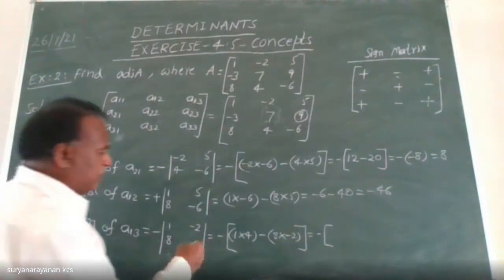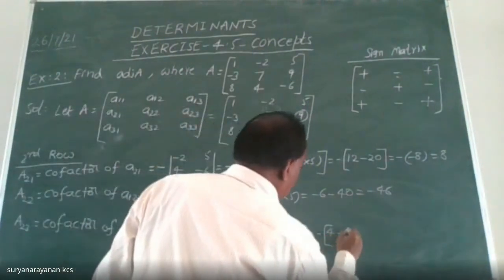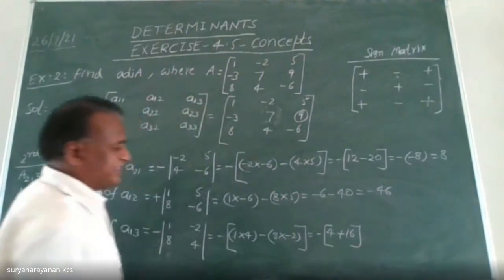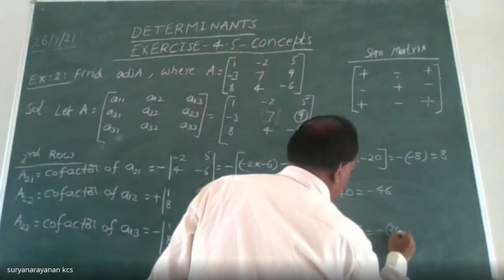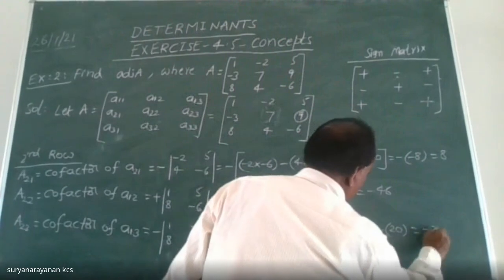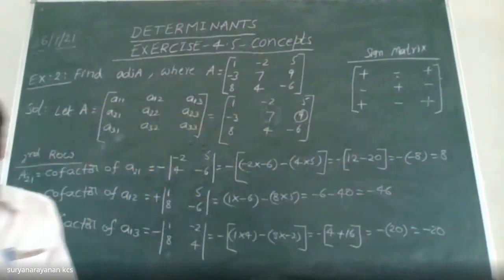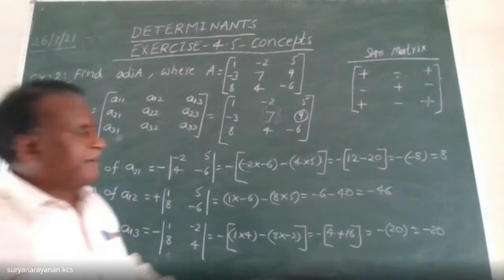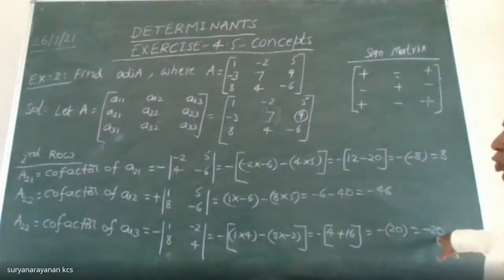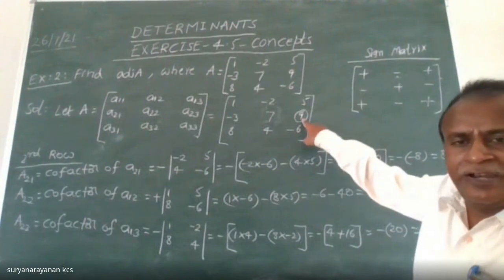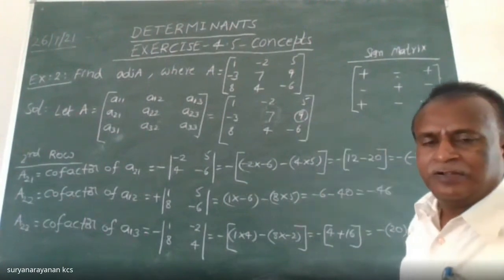What will you get here? 4 plus 16. Finally, we got minus 20. This number minus 20 is called the cofactor of the element 9.